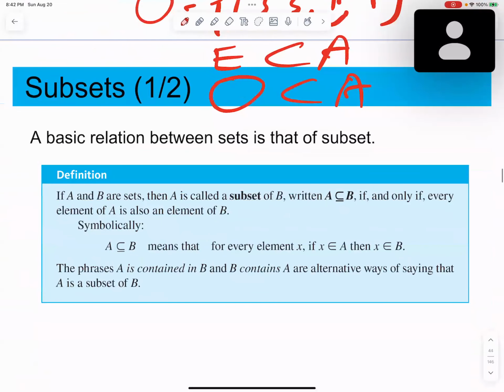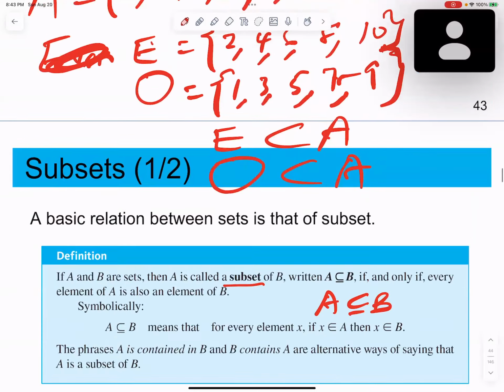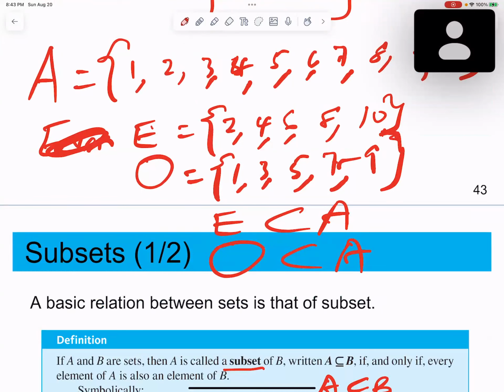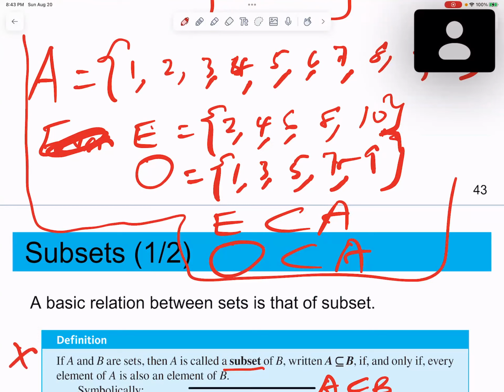All right. And that is what is called proper subsets and improper subsets. Now, look at this definition. If A and B are sets, then A is called a subset of B, which is written as this, if and only if every element of A is also an element of B. Look at this. We have an A here, just this is mine that I made up myself. This A, uppercase A, is the mega set.